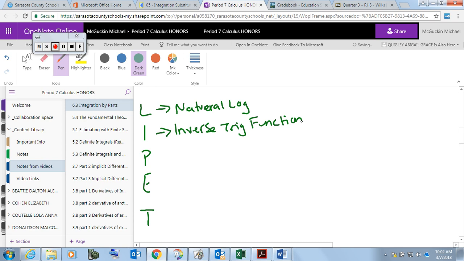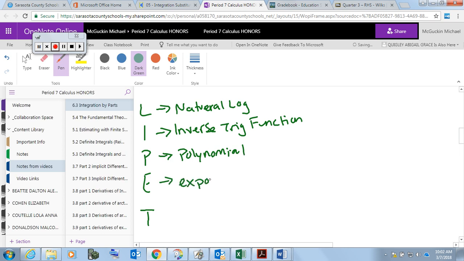And then let's say maybe that's not there. We've tried the L, we've tried the I, and things are still not working out. Then we go down to the possibility of finding a polynomial. You look for a polynomial next. That's the third on the list. You've tried natural logs, you've tried your inverse trig functions, and there's no polynomials. Next in your LIPET acronym, you are going to be looking for an E, exponential.